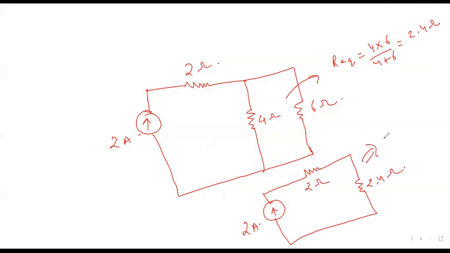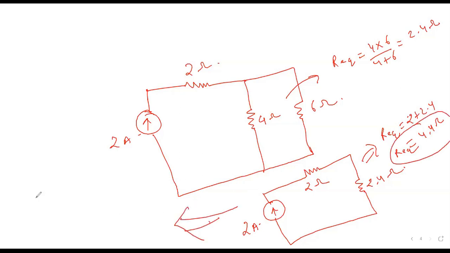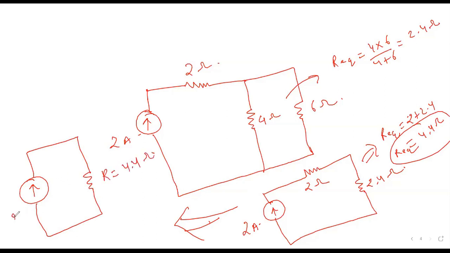So this R equivalent will be R1 plus R2, that is 2 plus 2.4, that is 4.4 ohms. So you have a current source of 2 amps connected to a resistance of R equals 4.4 ohms.